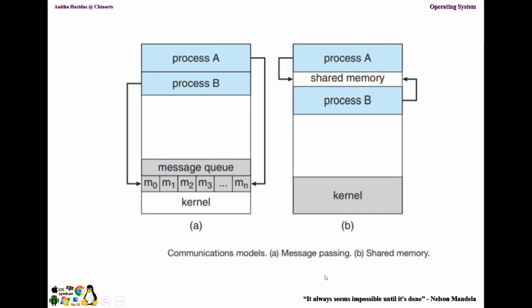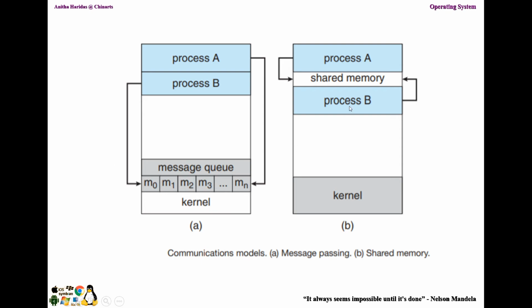This is the diagrammatic representation of shared memory and message passing. So if you observe, this is what you call as shared memory model. This is shared memory model, whereas this is message passing model.